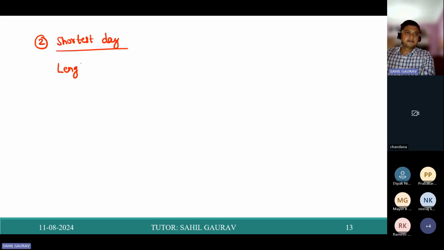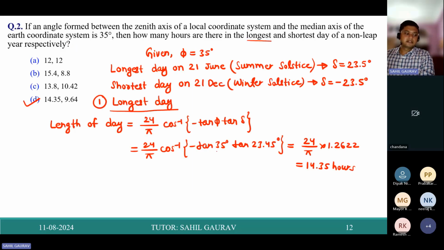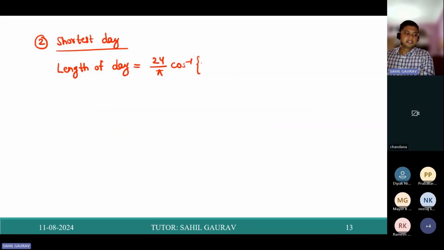The length of day will be 24 upon pi cos inverse. Previously it was minus, so now it will come as positive. This term is 0.3037. Simplifying this, you will get 9.64 hours.